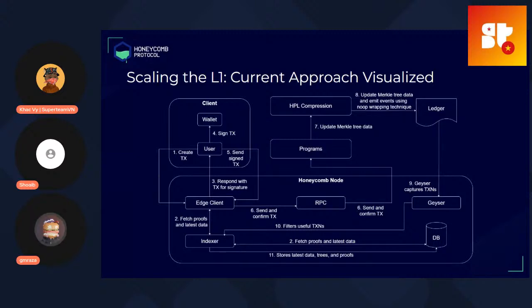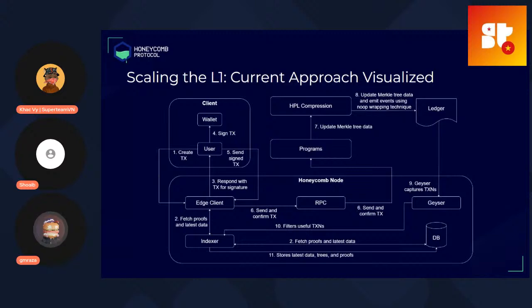Yeah, what is the difference between your solution and ZK compression? So essentially, we predated ZK compression. They are good, in my opinion, but our solution is mostly based on the Merkle tree. So we have Merkleization on chain and changelog on chain. That's the similarity between us and ZK compression.